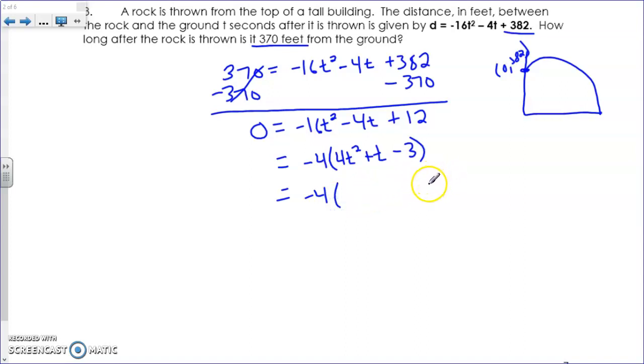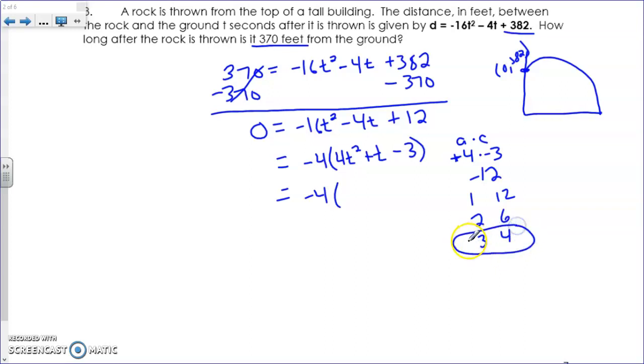And then I'm going to factor this by doing 4 times negative 3, because a times c. I'm going to get negative 12. 1 and 12, does that subtract and give me 1? No. 2 and 6? No. 3 and 4? Yes. The 3 has to be negative. So I'm going to have 4t minus 3 and 4t plus 4.